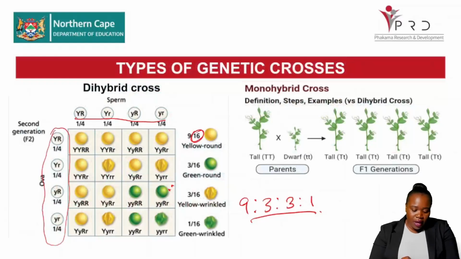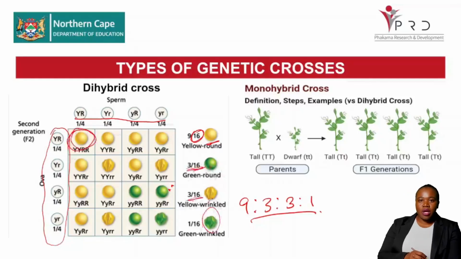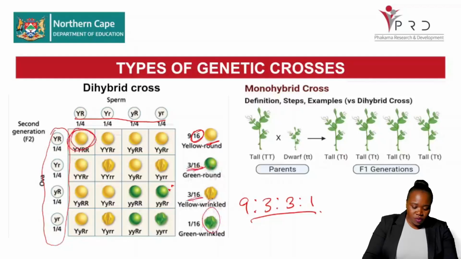And then also here you would notice that when we may have started with round and yellow and wrinkled and green, but now we are going to come up with two new characteristics, which is round and green and wrinkled and yellow. It takes us back to the law of independent assortment.